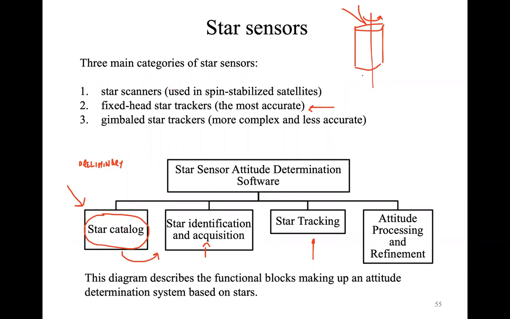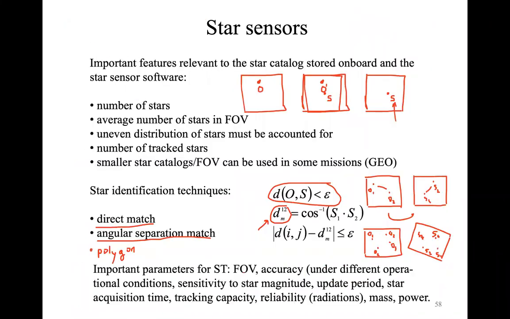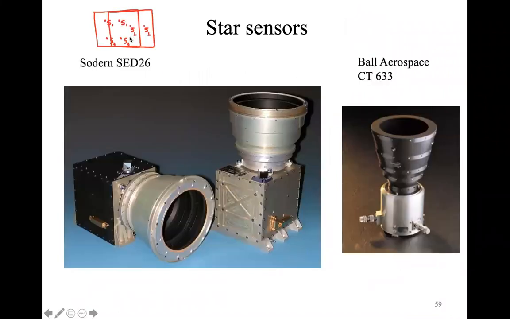The main difference here is that the map that you have in your catalog now is more precise with respect to what you have when the instrument is initializing. So the software itself knows exactly which stars are now visible in your field of view.